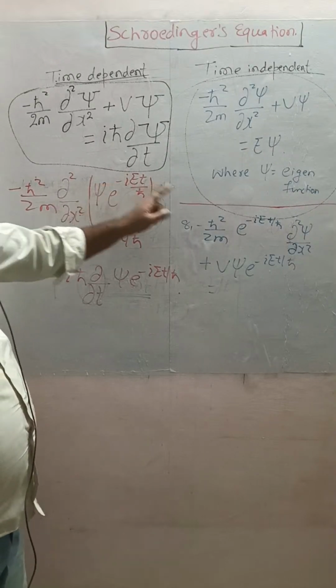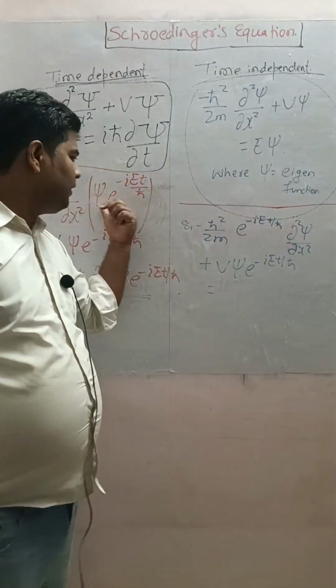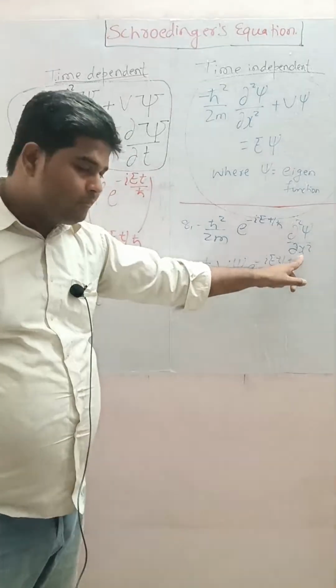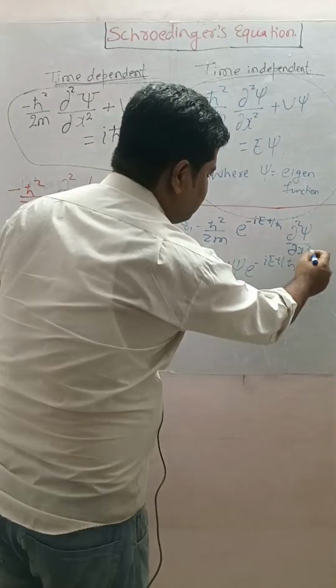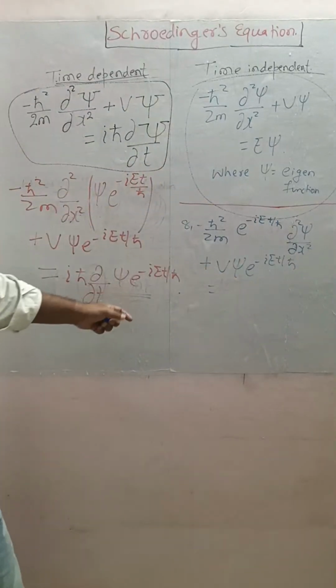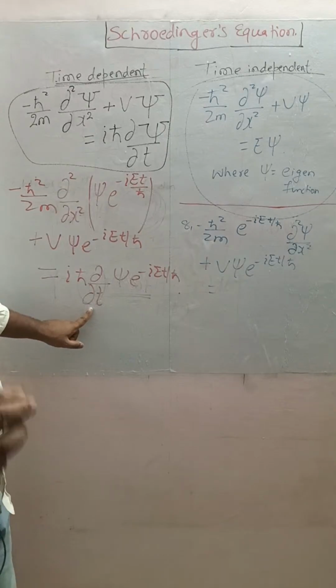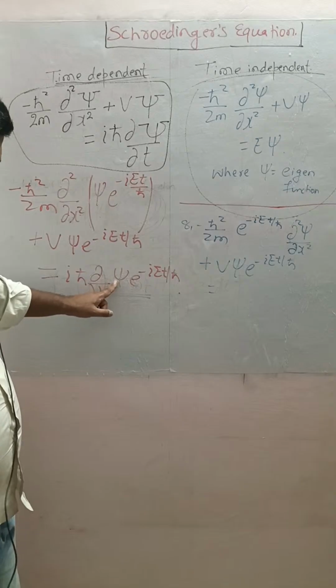That's why this remains constant, and this goes, because this is the function of space. So this goes under second order derivative, clear? But here, this function goes for derivative with respect to time just one time. And that's why it has no time dependence.